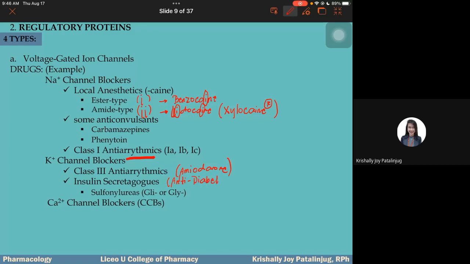Anti-diabetic. So we will also tackle all about the different anti-diabetic agents under endocrine system, drugs that target the endocrine system.